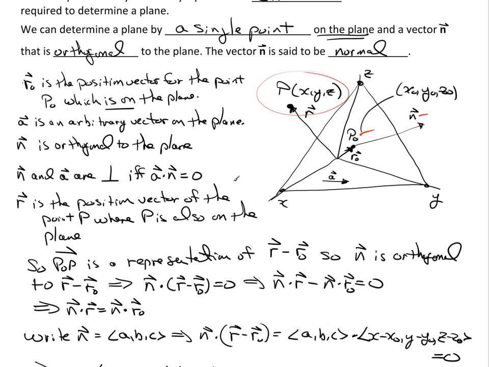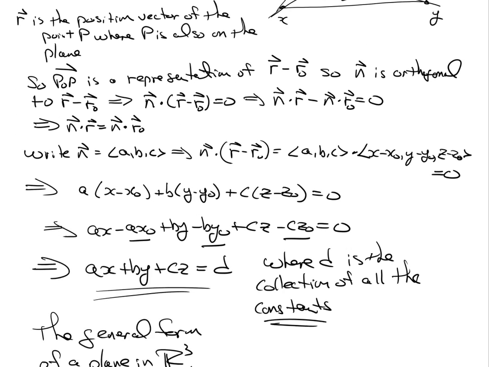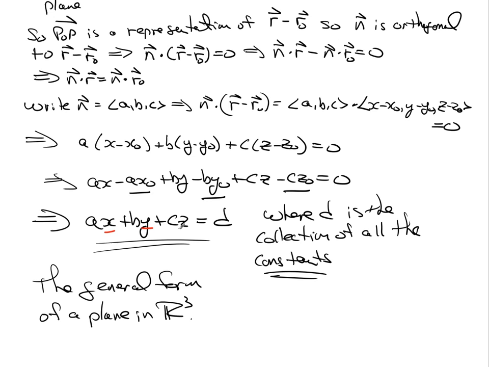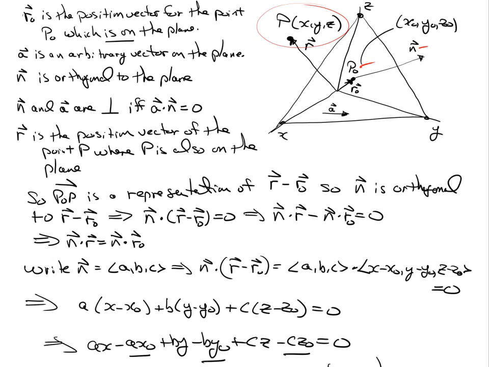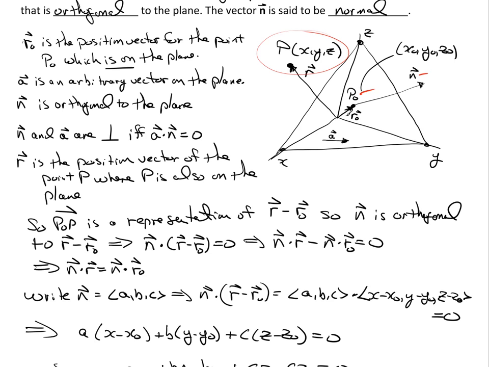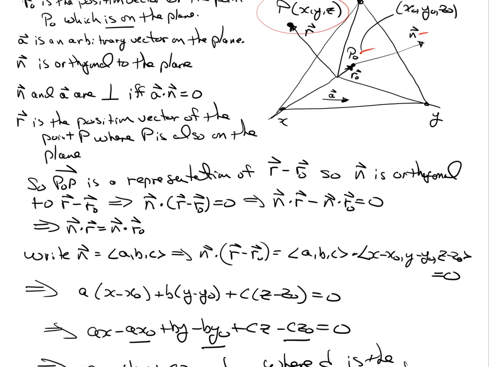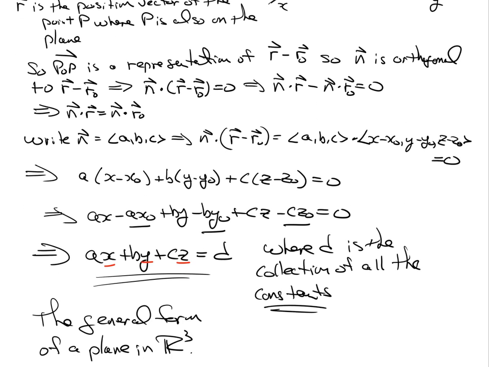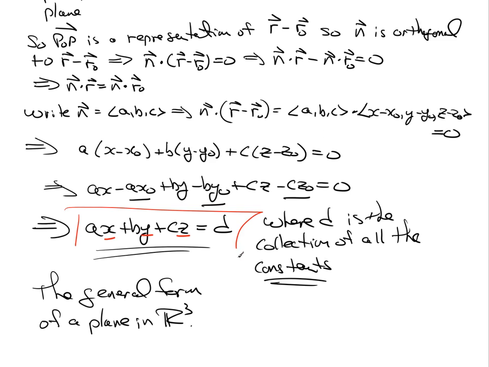So it's any x and y and z. That's why it ended up down here as x, y, and z. So based on identifying this known point with a position vector and identifying the vector that's normal to the plane, we can work this down and actually get the equation for a plane. So we went from vectors down to the general form for a plane in R3.